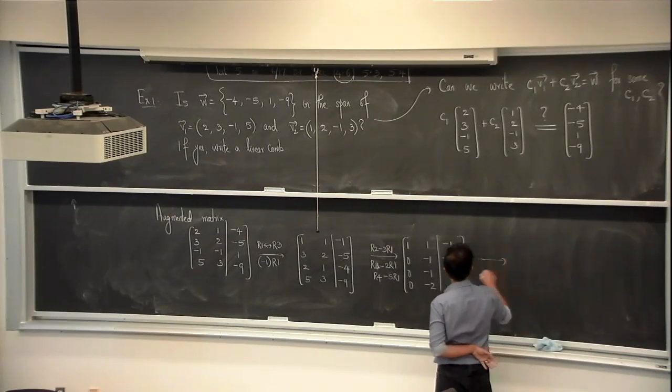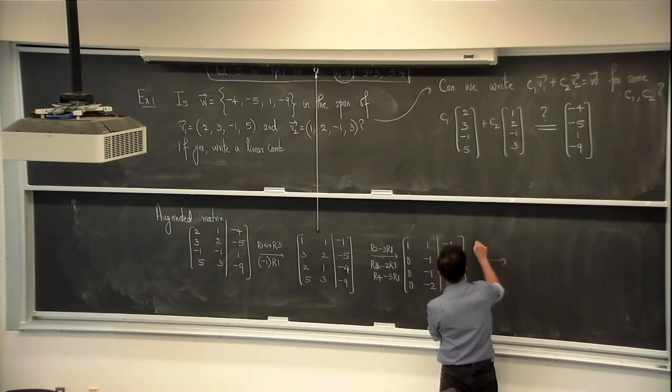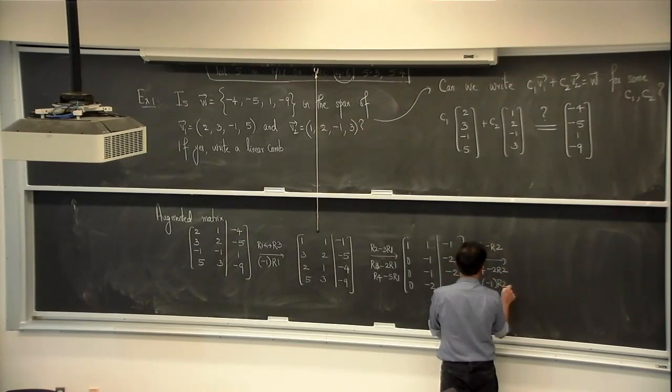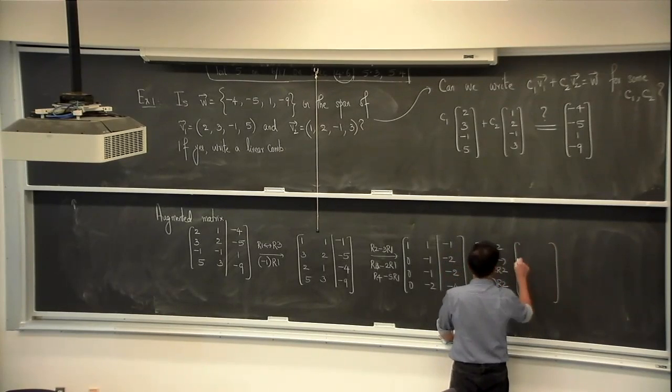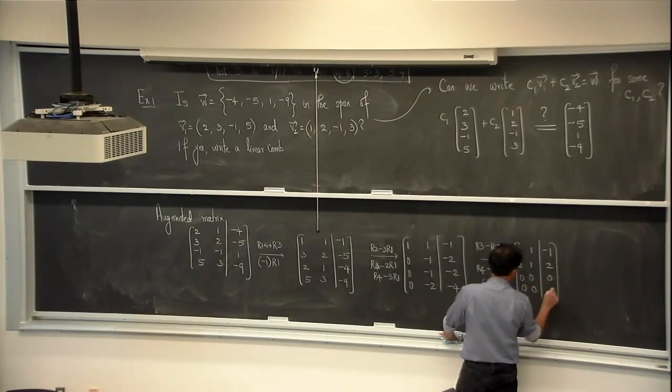All right, so you can negate the second row, or let's do R3 minus R2, R4 minus 2R2, and then negative 1 R2. So it's 1, 1, negative 1, 0, 1, 2, 0, 0, 0, 0, 0, 0.